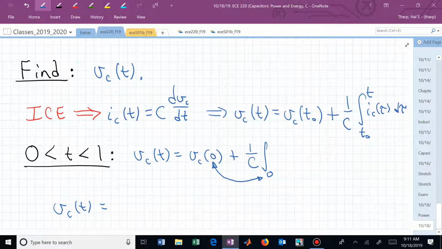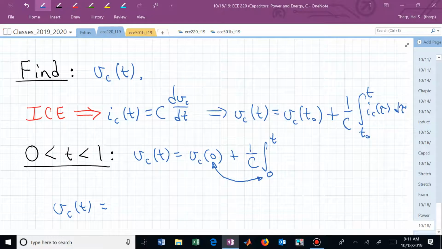I want that upper limit to be variable so that I can just plug in the t value, which now means that my upper limit, I'm just going to call t. That's what v sub c of t will need in order to find the correct functional form.